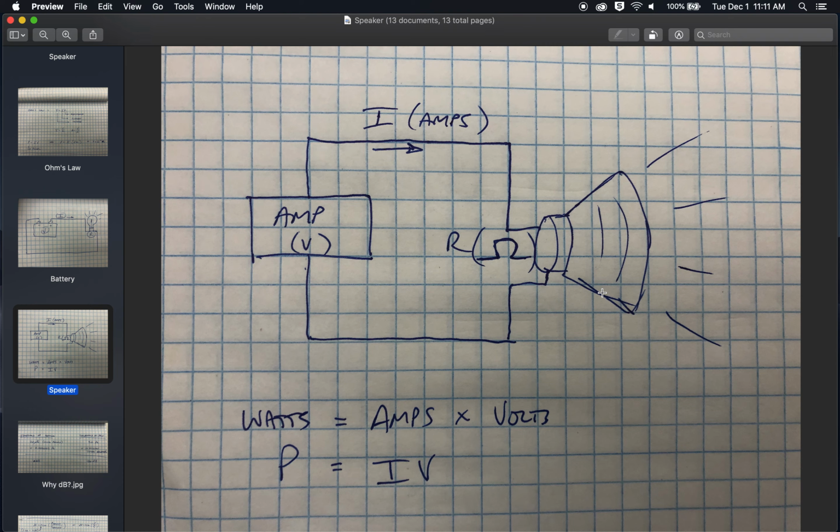So let's say your speakers can handle up to 100 watts. You would want an amplifier capable of handling many times that, at least a few times that. So if you've got a speaker that can handle 1000 watts, you would want an amp that can produce at least 300 watts.